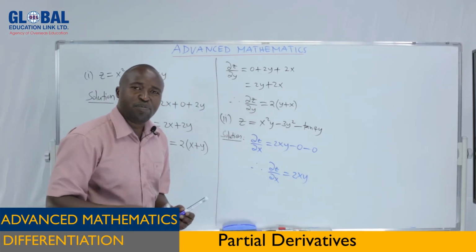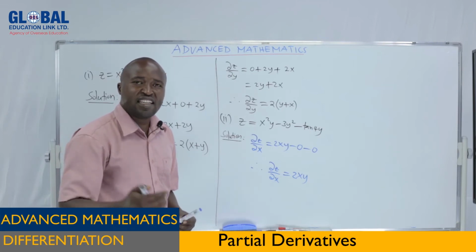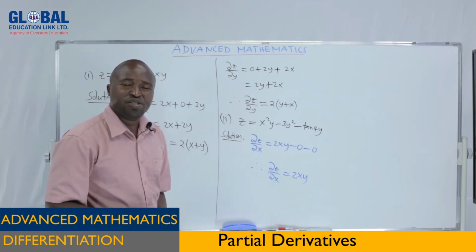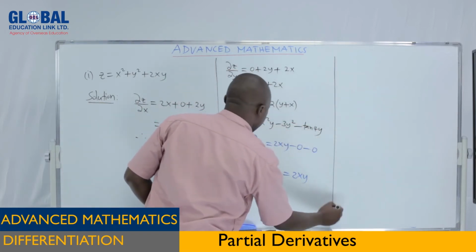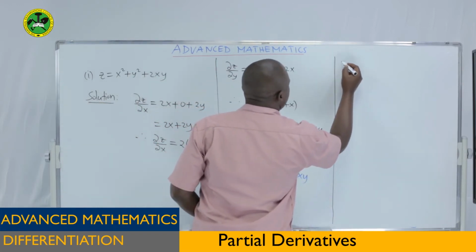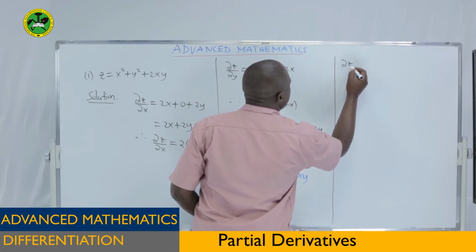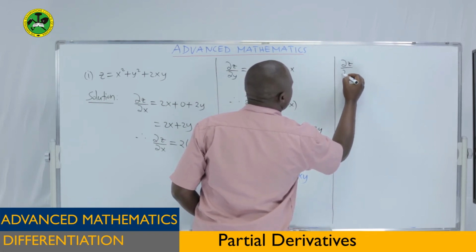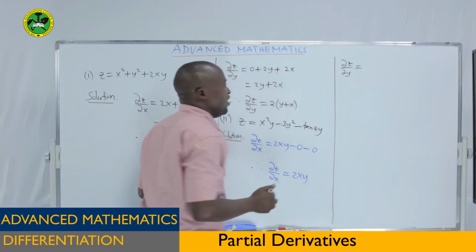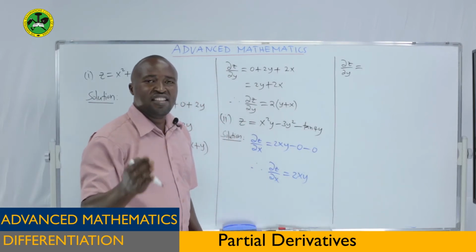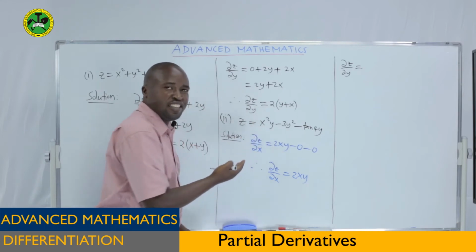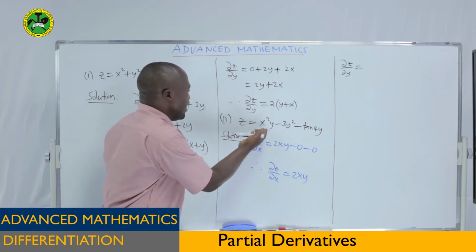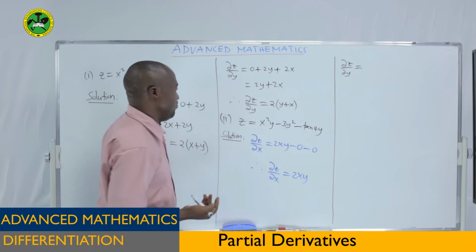So dear student, we proceed with the second partial derivative. This time we have the partial derivative of z with respect to y. This implies that x is constant. So we are using the same function. Our starting point is x squared y.